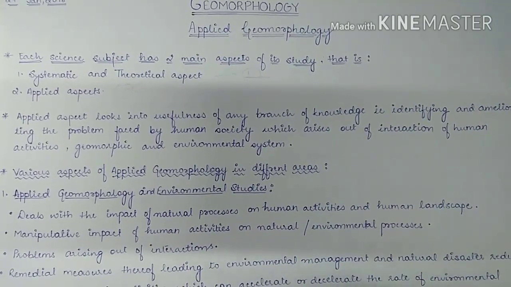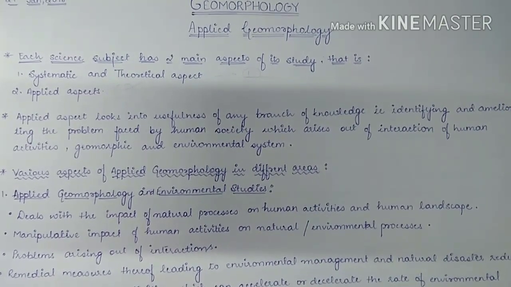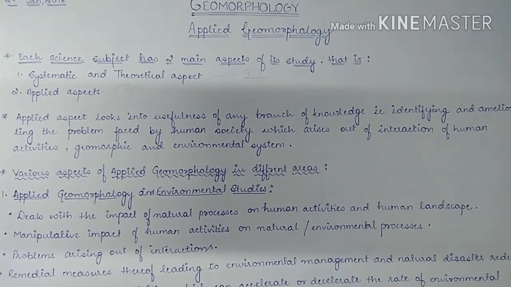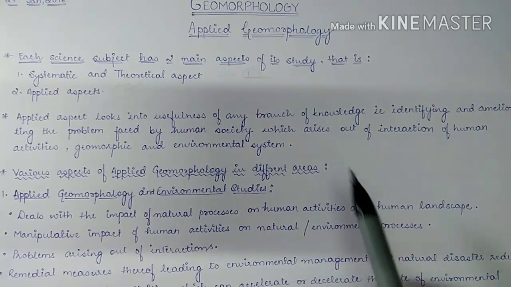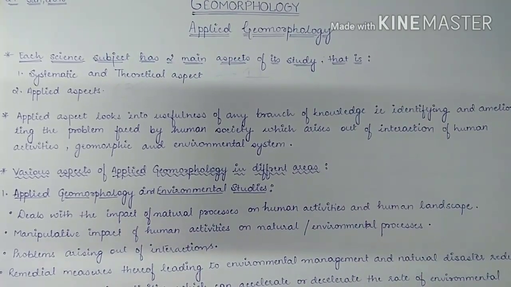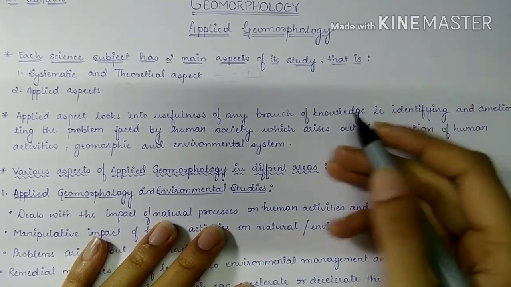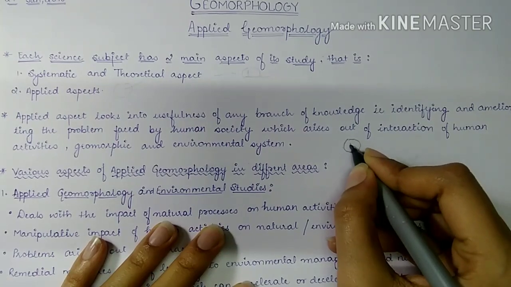This applied aspect looks into the usefulness of any branch of knowledge. That is, it identifies and ameliorates the problems faced by human society, which arise out of the interaction of human activities, the geomorphic system and the environmental system.